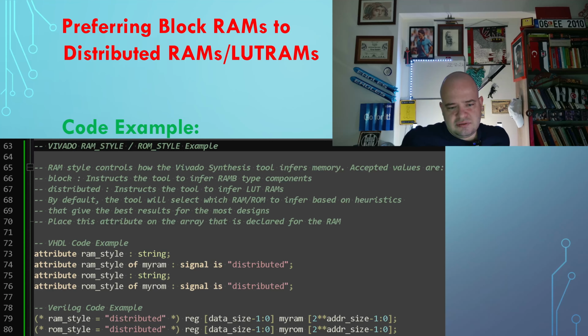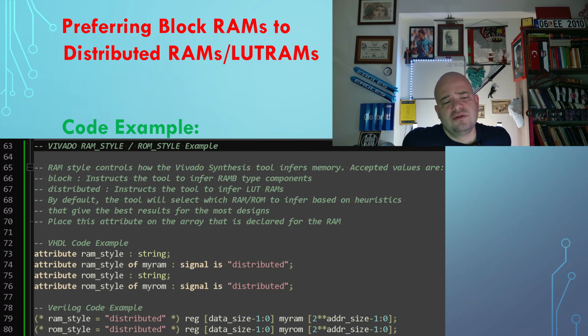Here there is also a remark: place this attribute on the array that is declared for the RAM or ROM. In the VHDL example you see below, first the RAM style attribute is defined. Attribute ram_style is a string.